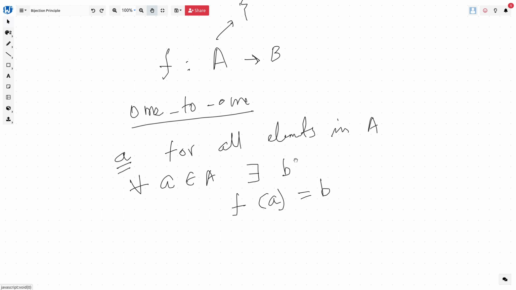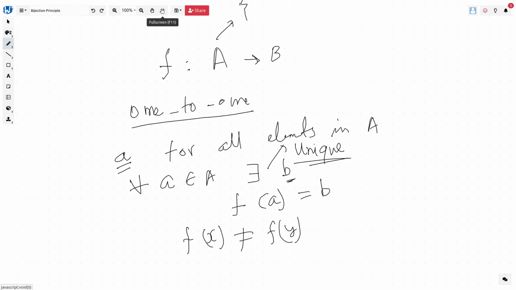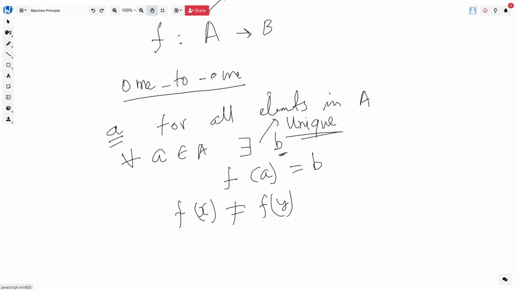If this element b is unique for all a, meaning f(x) can't be equal to f(y), so there can't be 2 elements in A which will map to the same element in B, right? So this is called a 1 to 1 function, and we also call it an injective function.